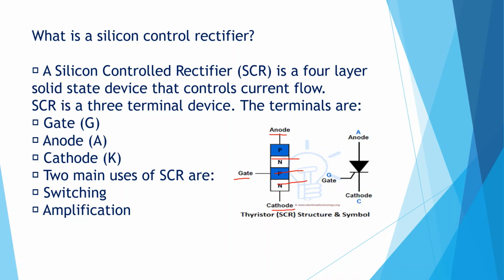The terminals, as I said, are the anode, cathode and gate terminal. The two main uses of an SCR are as a switch and as an amplifier. So both switching and amplification can be done by a silicon controlled rectifier.